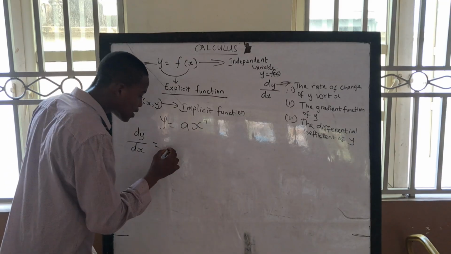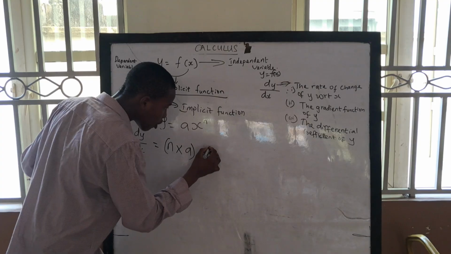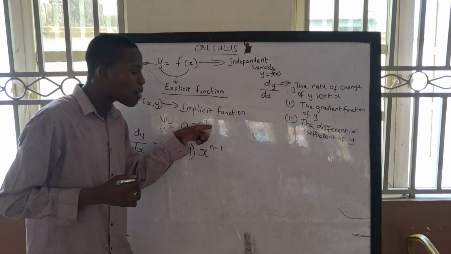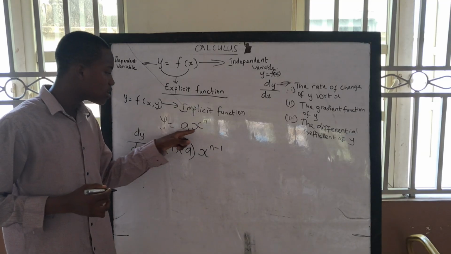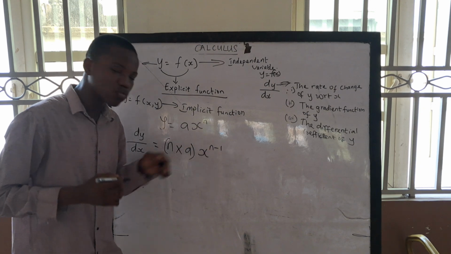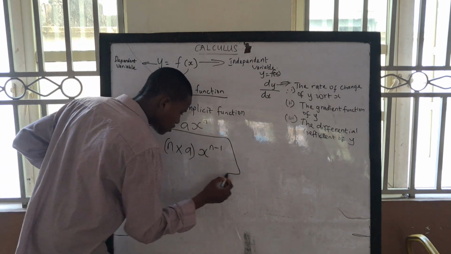What will I do? I'll use the power of x to multiply the coefficient of x. That's n times ax raised to power n minus 1. So this is the general form of differentiation.